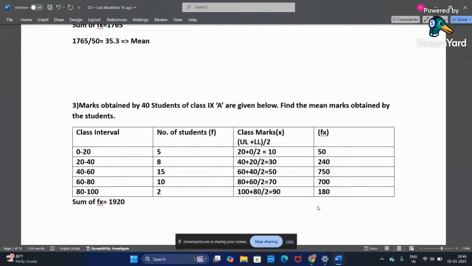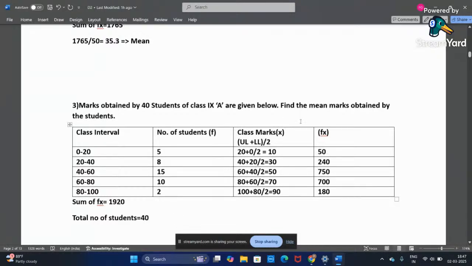What is the total number of students? It is 5 plus 8 plus 15 plus 10 plus 2. How much is it? It is 40.